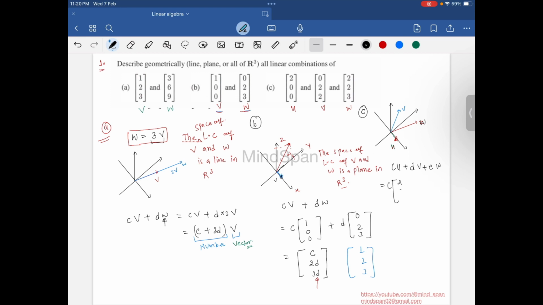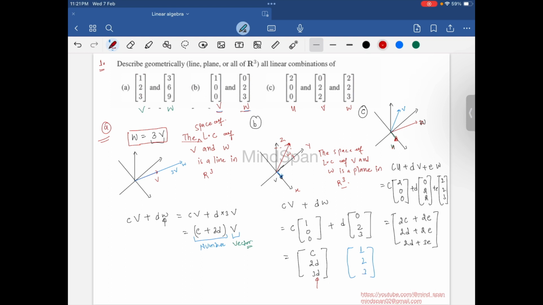So what you will get is this plus d times 0, 2, 2 and plus e times 2, 2, 3. So that is going to be 2c plus 2e, 2d plus 2e and 2d plus 3e.